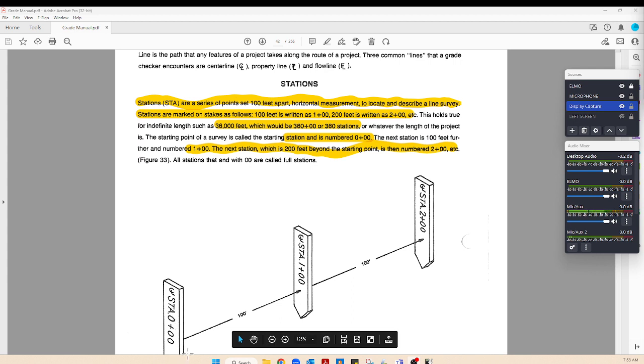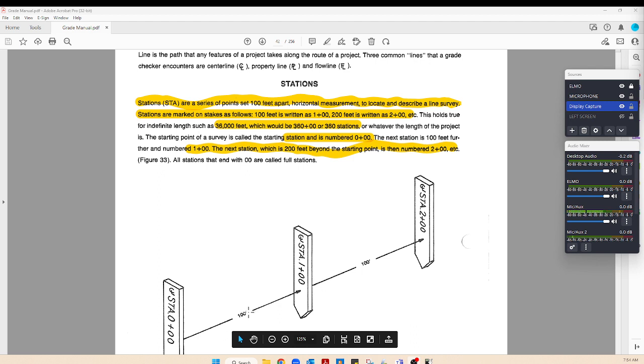In other words, this is a full station because it's 100 feet. If this was 1 plus 50, it wouldn't be a full station because it would be 50 feet further down than this 100.